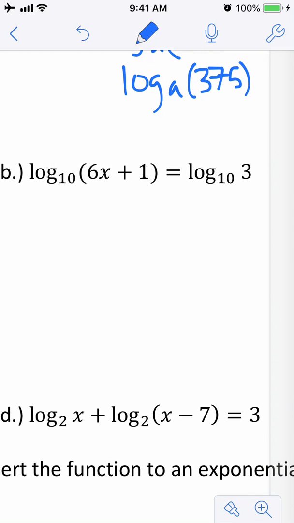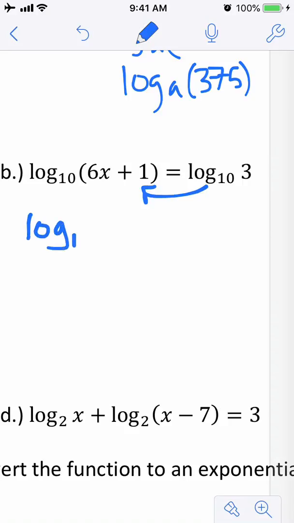Okay, this one is a little trickier, right? Because I can't just draw my circle. I can't convert it back a little bit. But notice something. You have log 10 on both sides. Maybe if I put them on one side, I can use my logarithm rules. So let's move this one over. But Miss K, there's nothing else on the other side. Yes, there is. There's always a 0, right?